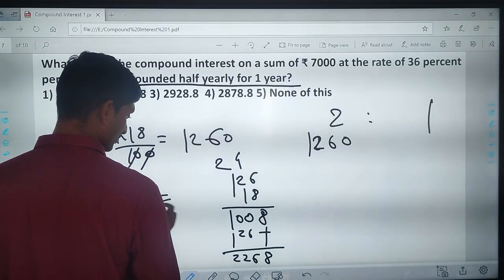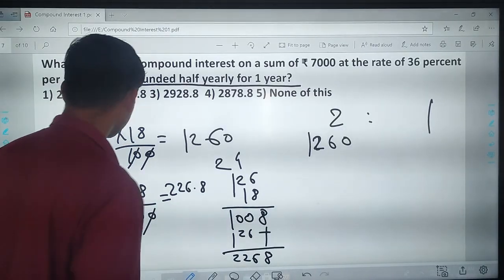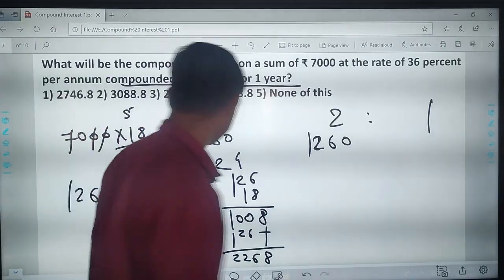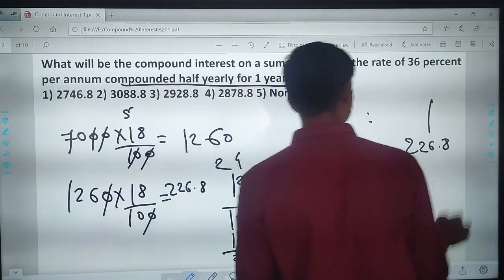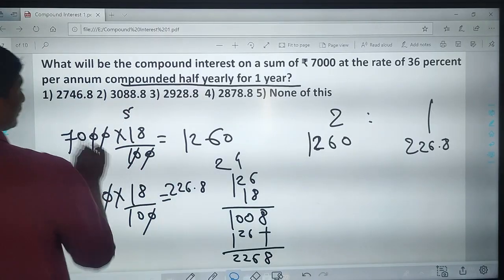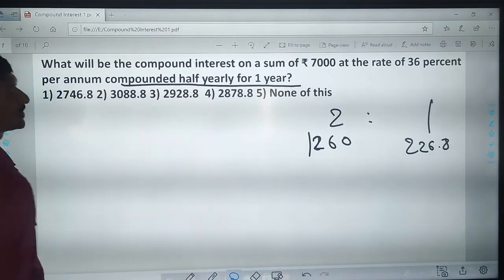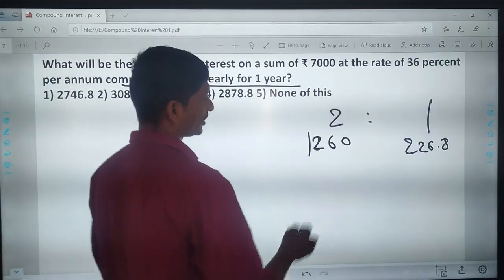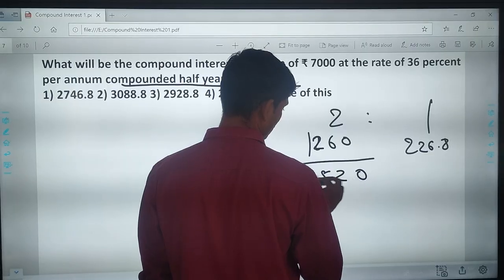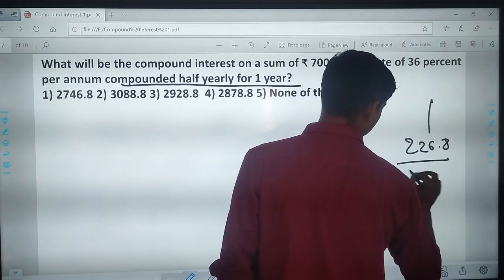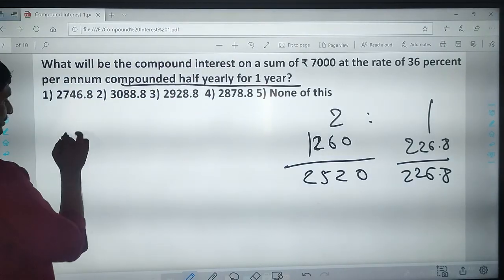Now here 226.8. Here we get multiplication and divided by 10. There your answer is 226.8. Now here we get cross multiplication and get addition. We get the compound interest for 2 years. Now here we get multiplication, and we get addition.